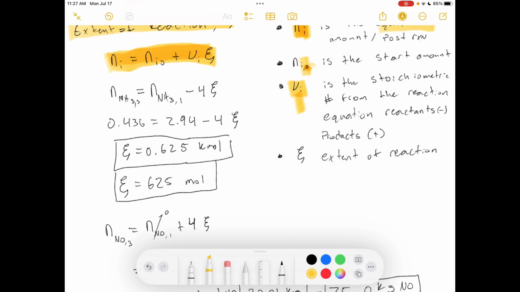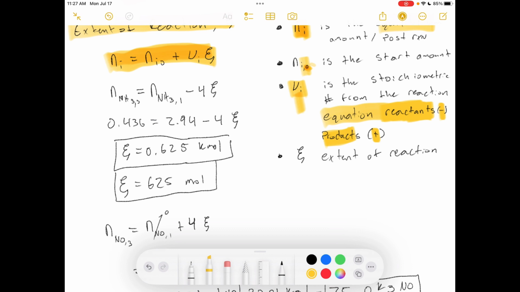Here's the other deal. If you're dealing with a reactant, then the stoichiometric number is negative. If it's a product, the stoichiometric number is positive. So you grab the number, whatever it is, 4, 5, 1, 2, and if it's on the product side, it's positive.